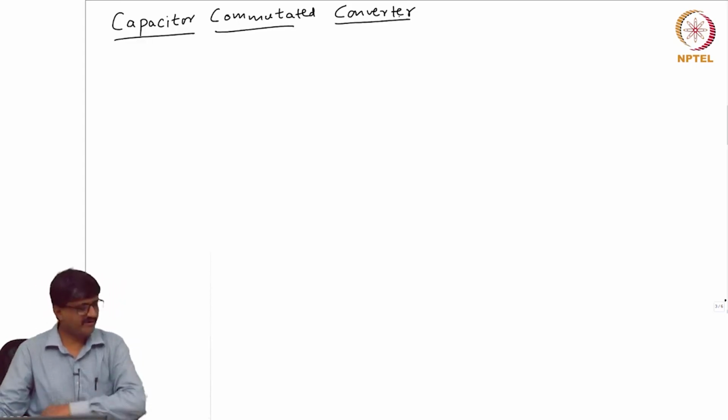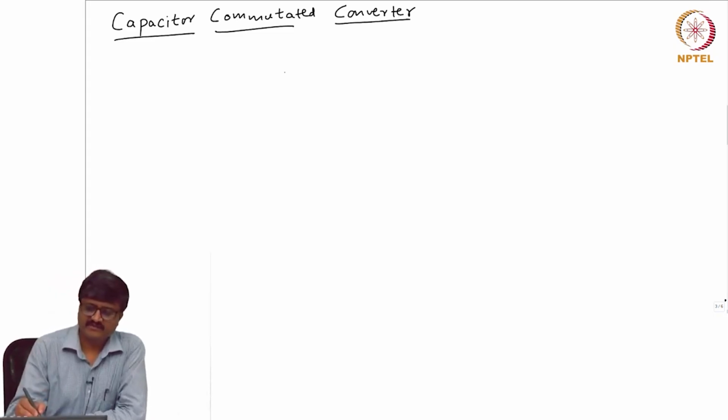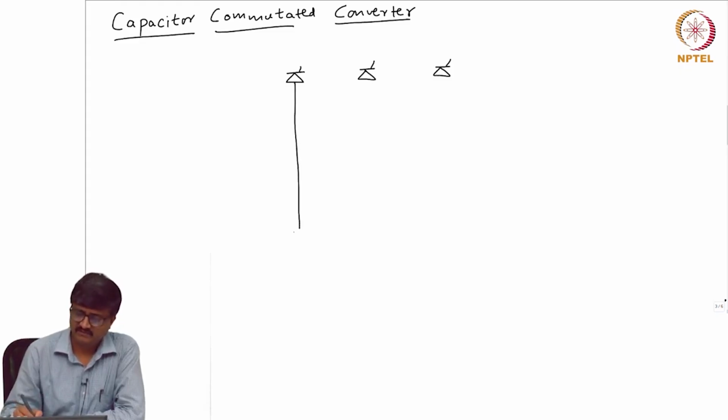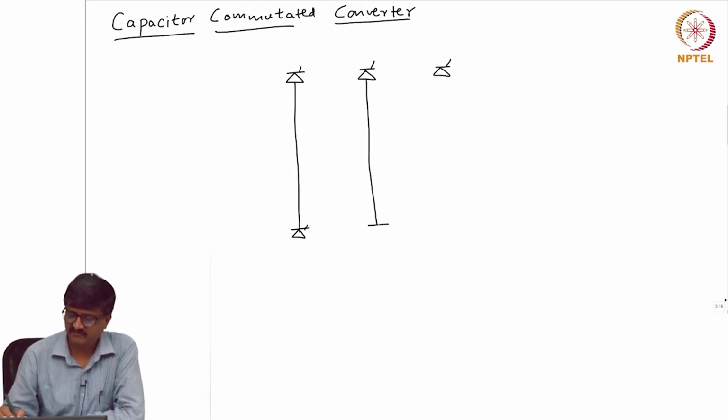A capacitor commutated converter is the same as the line commutated converter with some addition. So, I have 3 legs corresponding to the 3 phases of the AC side, and in each leg there are 2 thyristor valves.